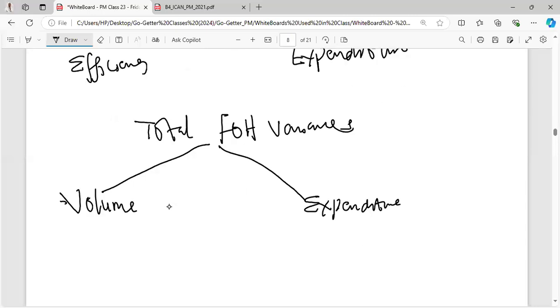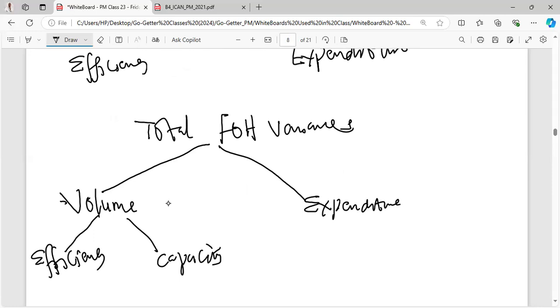So in this volume, we will still have efficiency and capacity. If you look at these two now, expenditure is here, expenditure is here. Efficiency is here, efficiency is still here.